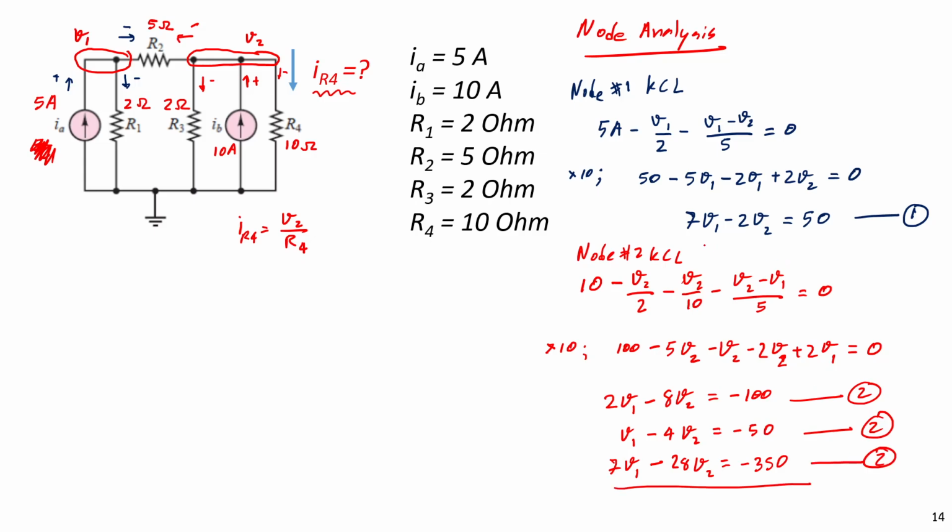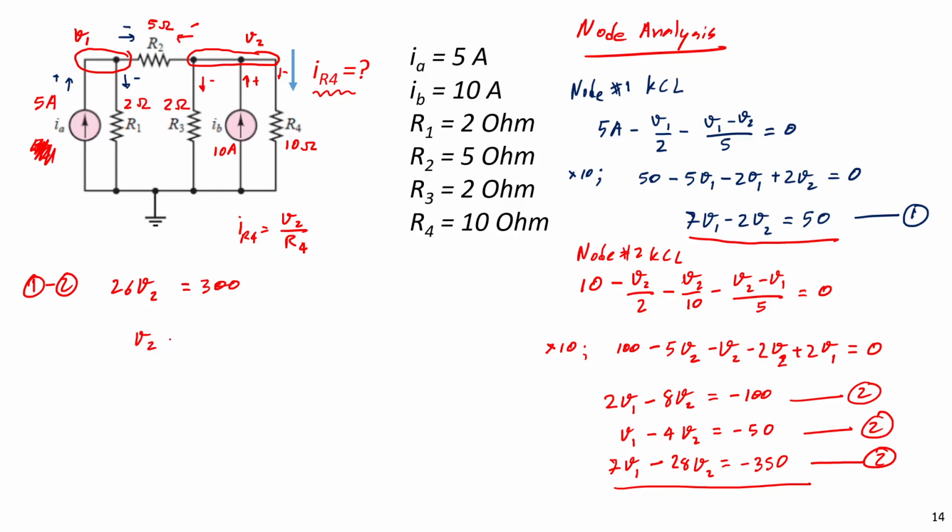So with this equation and this equation we subtract: equation 1 minus equation 2. We get 26V2 equal to 300.